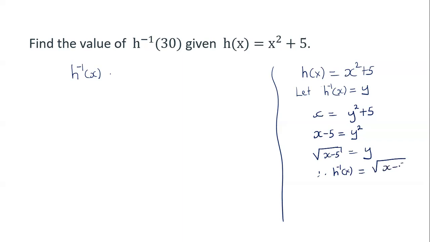Then you go to the next thing. You place in your 30. So you say now, my h inverse of 30 will equal the square root of 30 minus 5, which will give us the square root of 25. Then what is your answer? 5. Very good. So here, our answer will be 5.